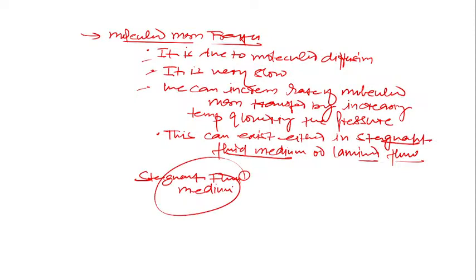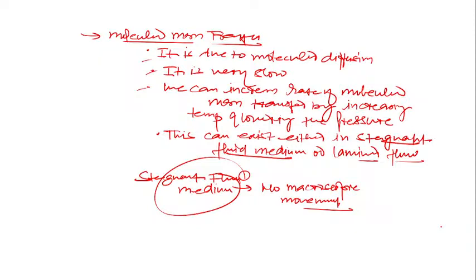Stagnant fluid medium means there is no macroscopic movement, no bulk motion. Microscopically there is always movement, because by the definition of a fluid there is always movement. You should not confuse the molecules with stagnant.